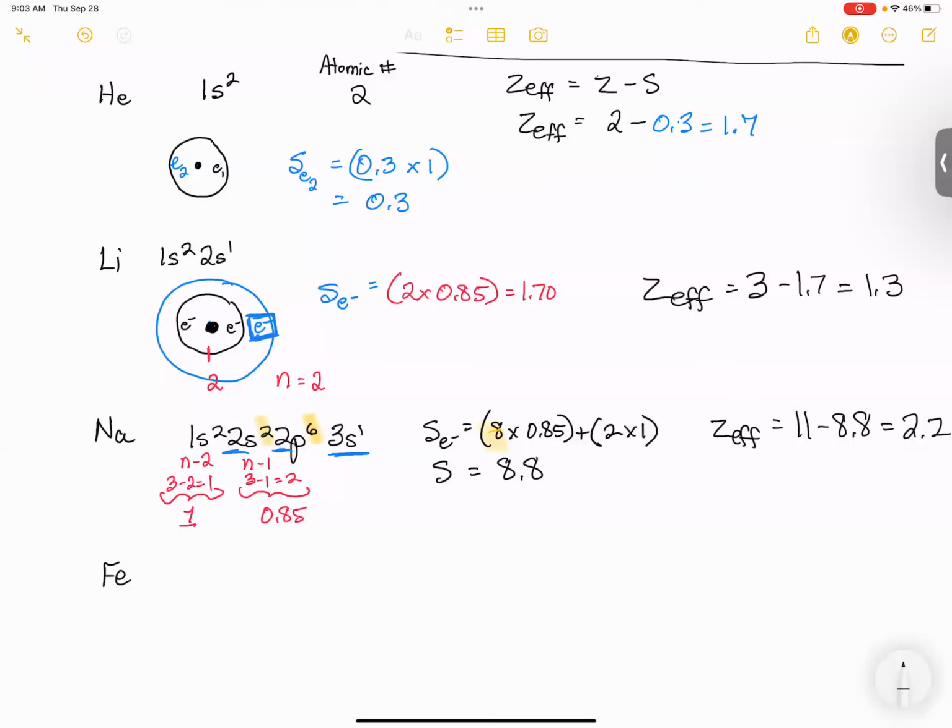So that's what the Z effective is. I guess it would be coulombs, because that's how we usually describe the pull of the electrons. But I don't really worry about a unit on this one, because these aren't exact quantities, they are estimates.